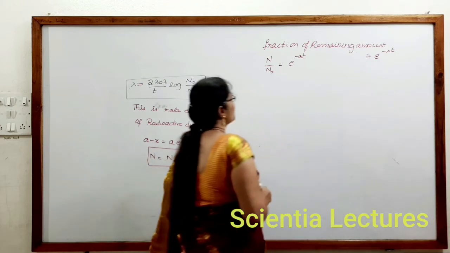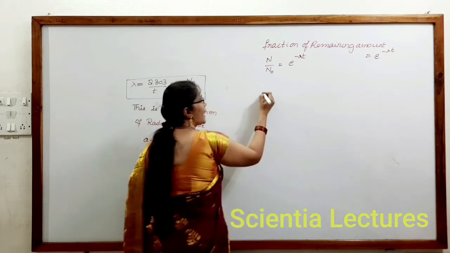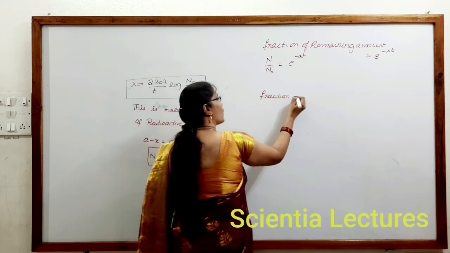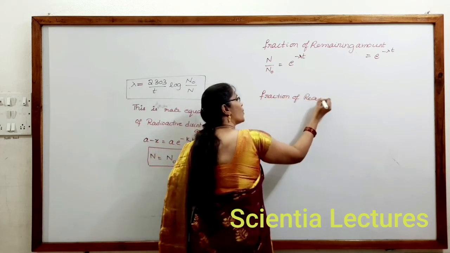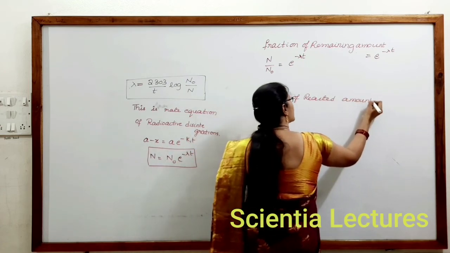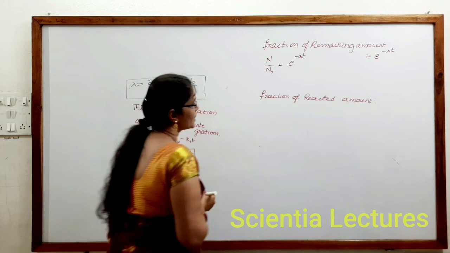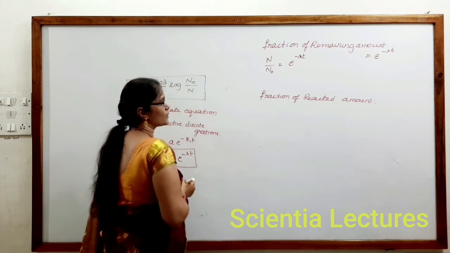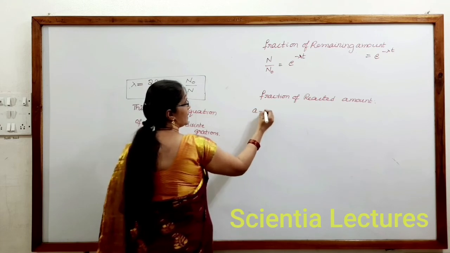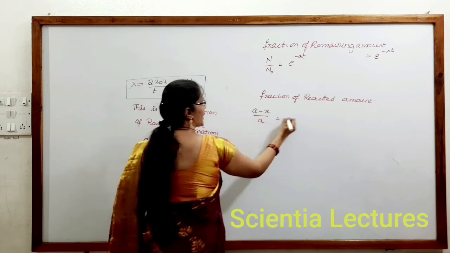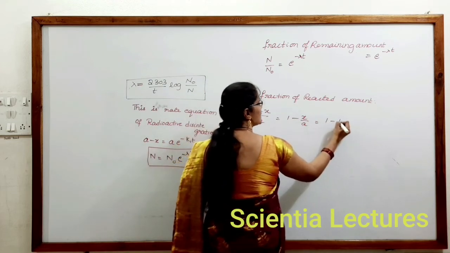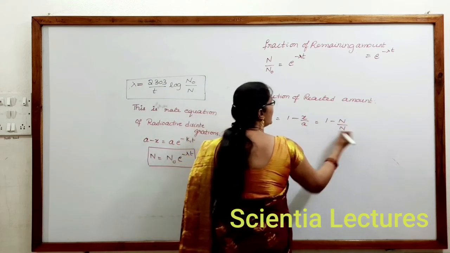Now what is the fraction of reacted amount? If the question is asked as fraction of reacted amount, actually if you take A minus X by A, this can be written as 1 minus X by A. This can be written as 1 minus N by N0.